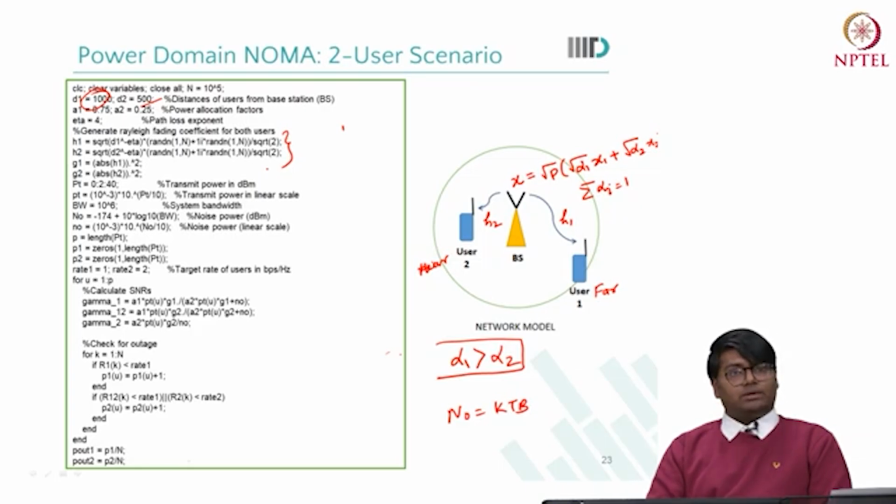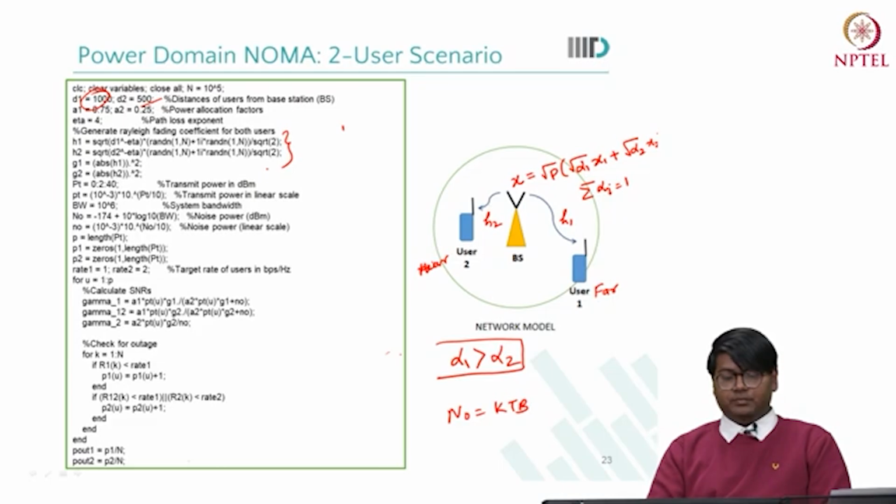In order to plot the outage probability, we first need to set the target rate for each user. So for user 1, we set the target rate as 1 bit per second per hertz, and for user 2, we set the target rate as 2 bits per second per hertz.